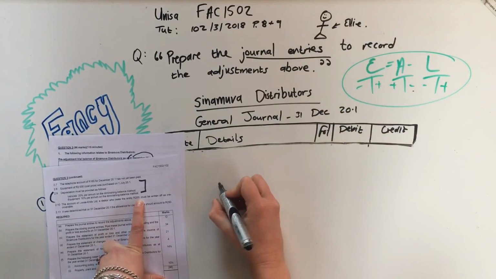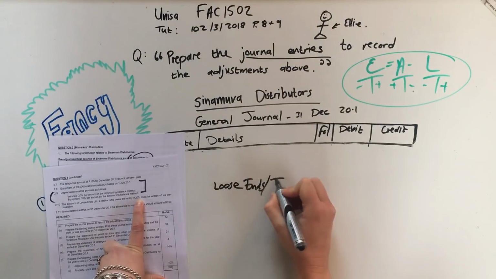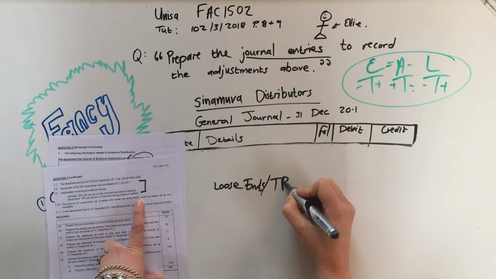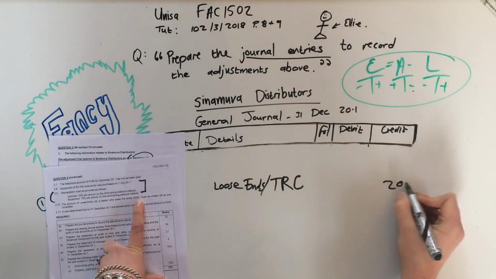So on the credit side, we've got the guy's name, Loose Ends. And that goes into our trade receivables control, except it's going out because we're making it less, 200.